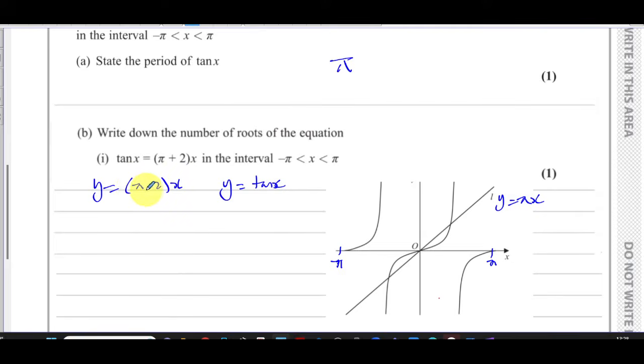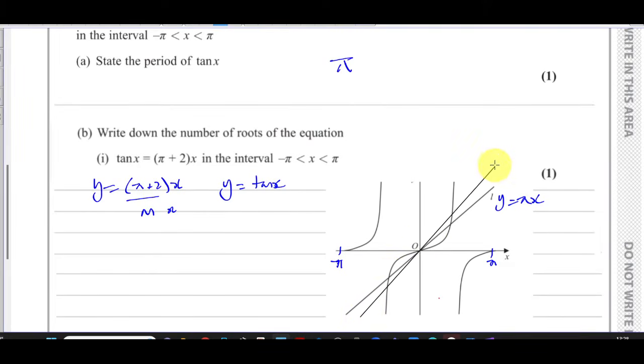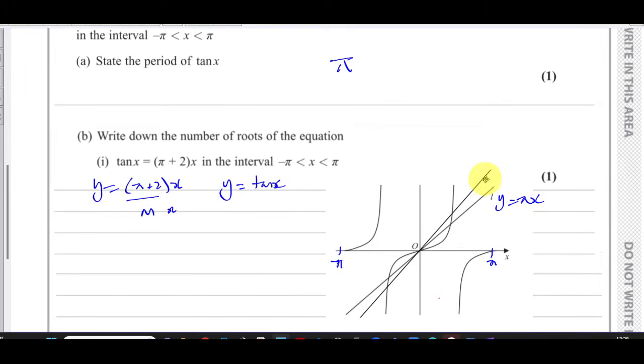It's a line with a steeper gradient than this one, because this is the m part, y equals mx. They both go through the origin, since c is 0. So this graph looks the same as this line, except it's steeper. We draw a line going through the origin steeper than that line. That would be y equals pi plus 2 times x.